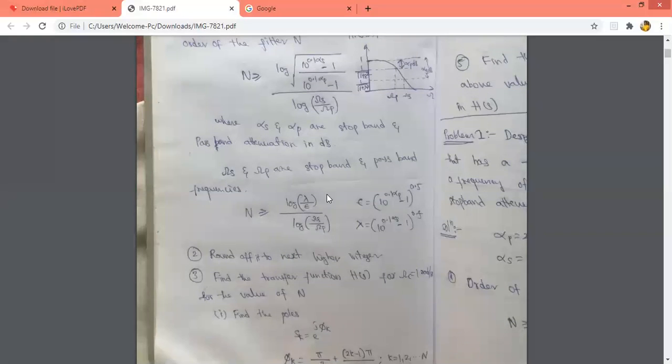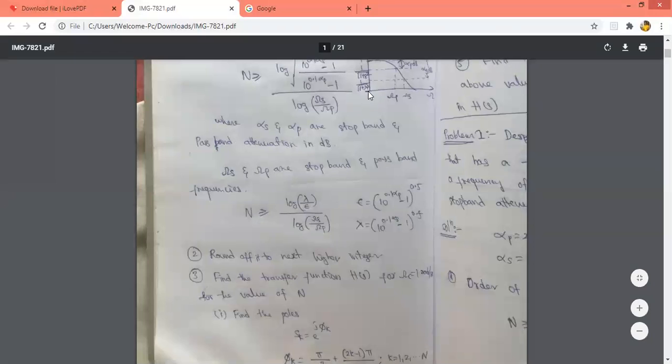For example, if 1 by root of 1 plus epsilon square and 1 by root of 1 plus lambda square are given, our first step is to find epsilon and lambda. After finding epsilon and lambda, use this formula: n is equal to log base 10 of lambda by epsilon, divided by log base 10 of omega s by omega p.